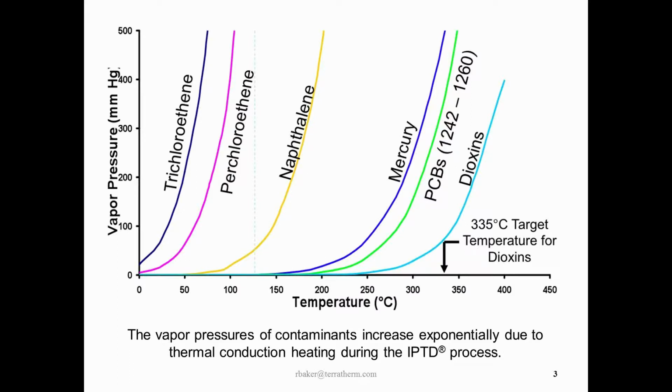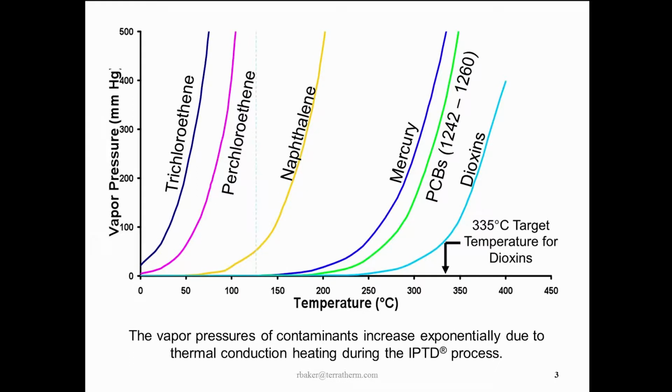When treating organic contaminated soil and sediments, one of the most important physical properties of the contaminants is their vapor pressure curve as a function of temperature. The VOCs that are shown on the left-hand side of the family of curves are typically treated at around the boiling point of water. But in treating POPs, such as PCBs, dioxins, and organochlorine pesticides, it's necessary to get to much higher temperatures to get them to behave as if they're VOCs and have enough vapor pressure so that they can be evaporated from the soil, desorbed, and then treated.